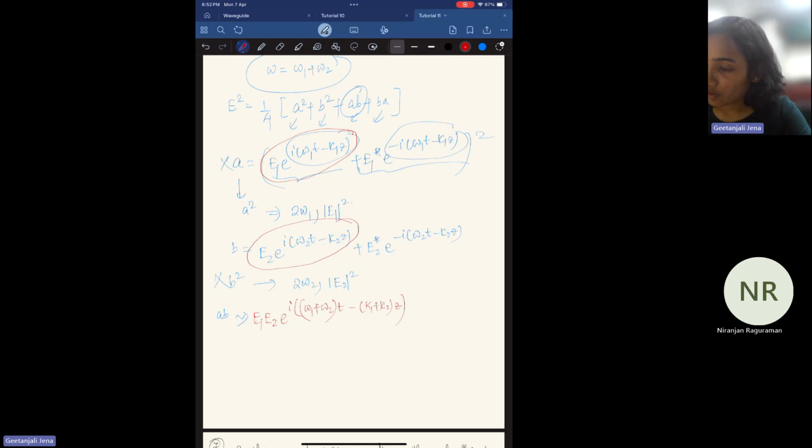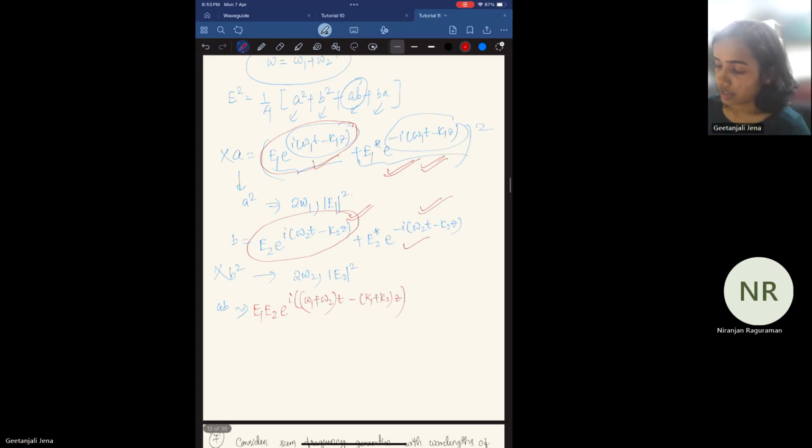And for the next term, if you multiply the first term with the second term, this will give omega 1 minus omega 2, which is difference frequency generation. This we don't need. And if you multiply this term with the first term here, this will also give omega 1 minus omega 2, so this we also don't need. And if you multiply the second term with the second term, this will give an omega 1 plus omega 2 component, which we are interested in.